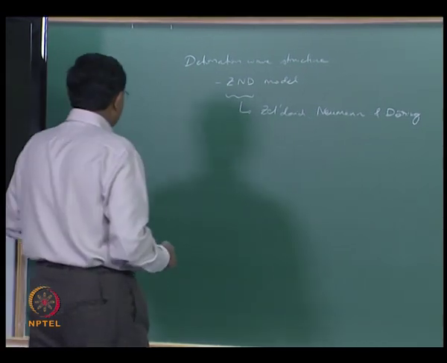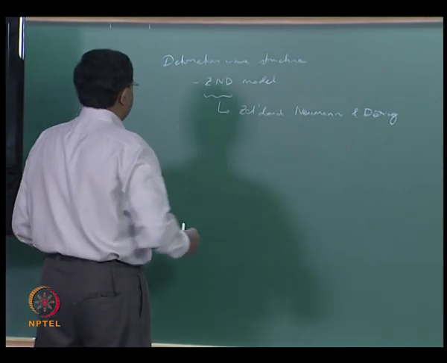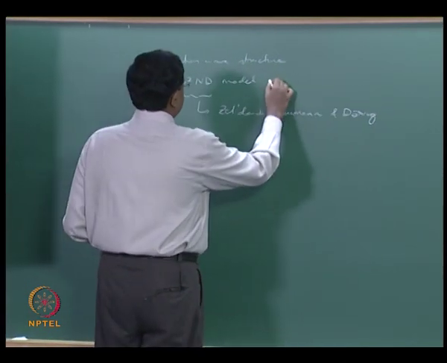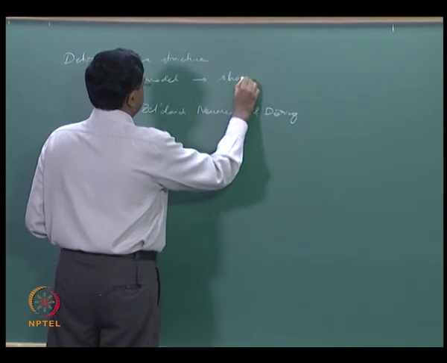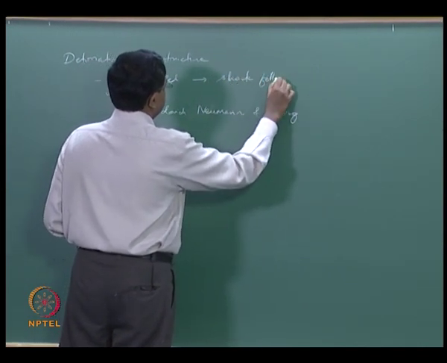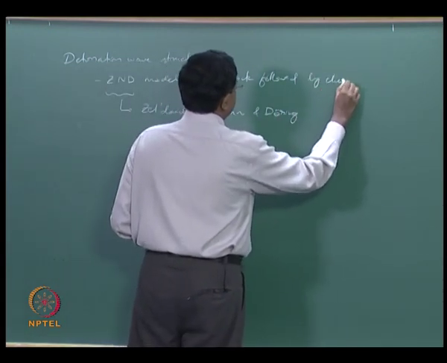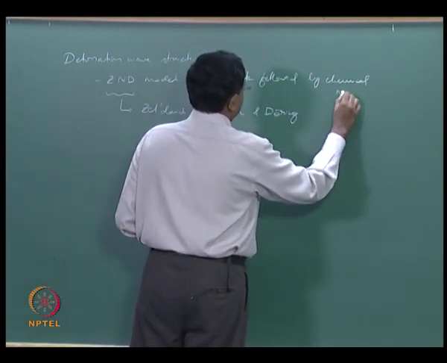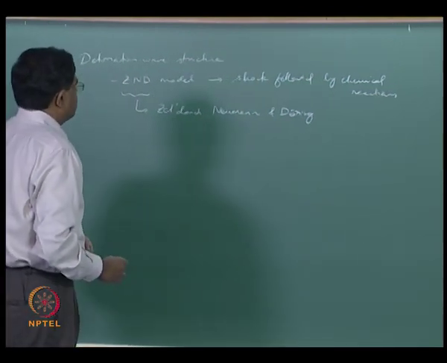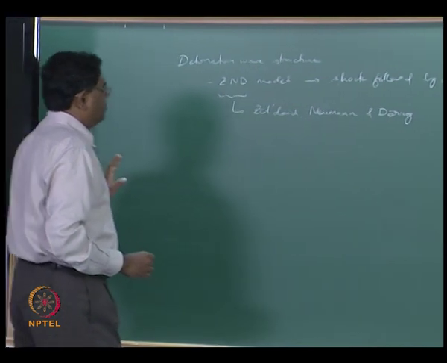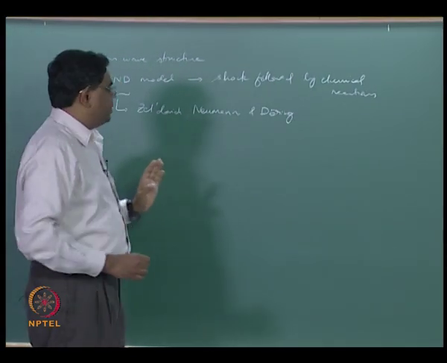So the basic idea of the ZND model is one of shock followed by chemical reactions. That is to say, a detonation wave is nothing but starting with the shock followed by chemical reaction.